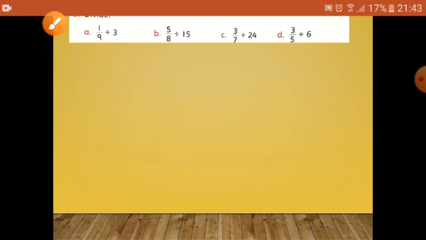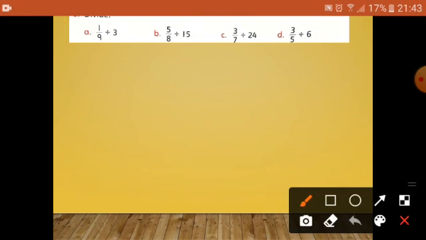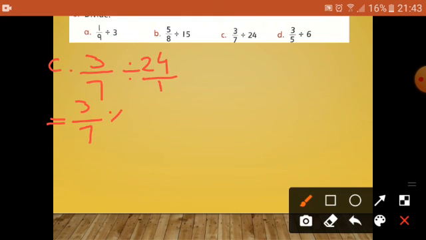Suppose I am explaining the C part, that is 3 upon 7 divided by 24. Let's see. 3/7 remains as it is, and 24 we will just convert into fraction form, to avoid mistakes.